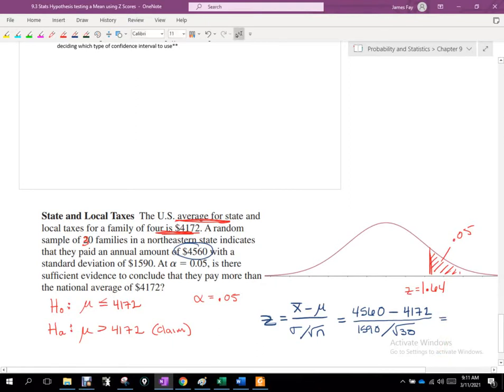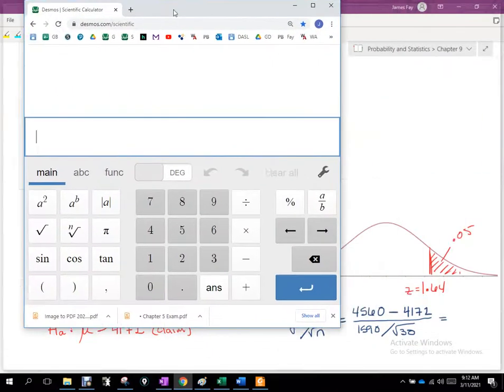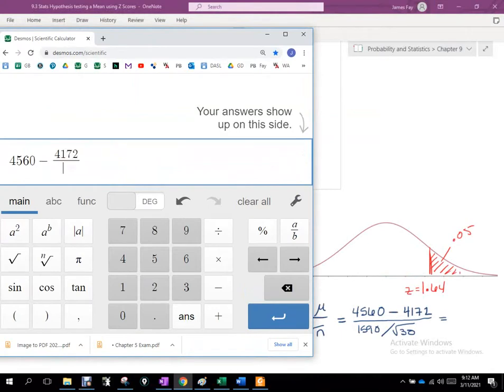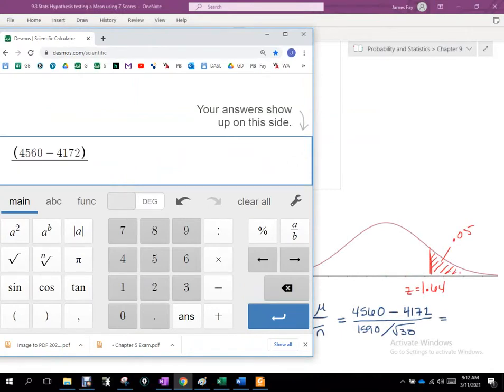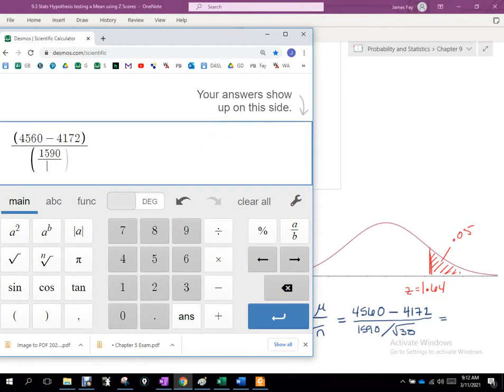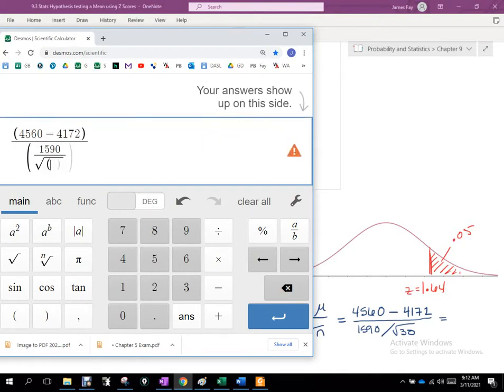So now if I go ahead and calculate that, I'm going to do it in Desmos real quick. We'll take 45.60 minus 41.72. We'll divide that whole thing by 1590 over the square root of 30, and it gives me 1.34.